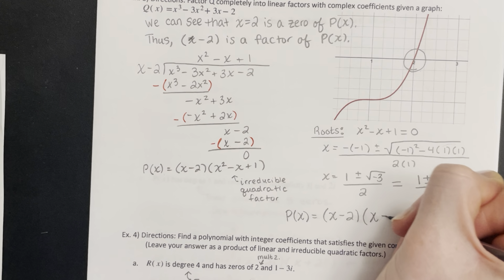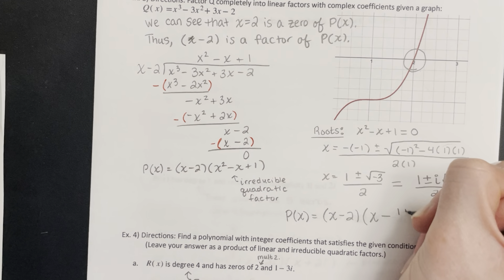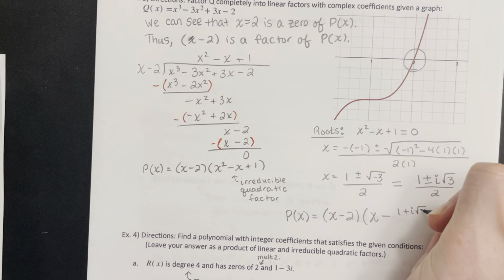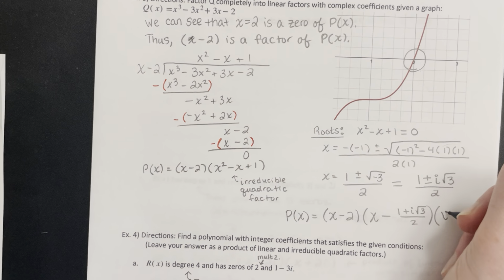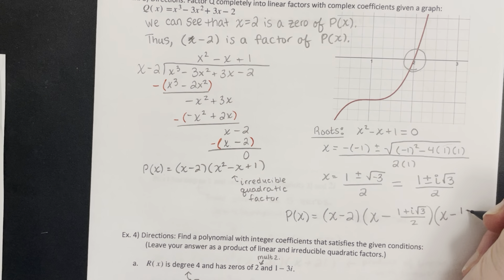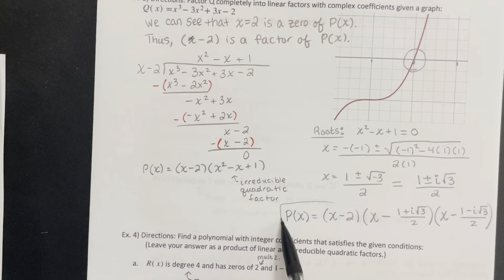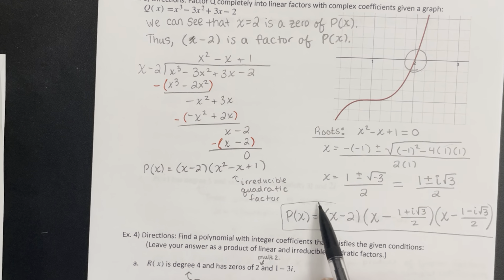One of the other factors would be x minus 1 plus i square root of 3 over 2. And the other factor is x minus 1 minus i square root of 3 over 2. That looks a little funkier because we had uglier roots. But that is a product of linear factors, and they do have complex coefficients.